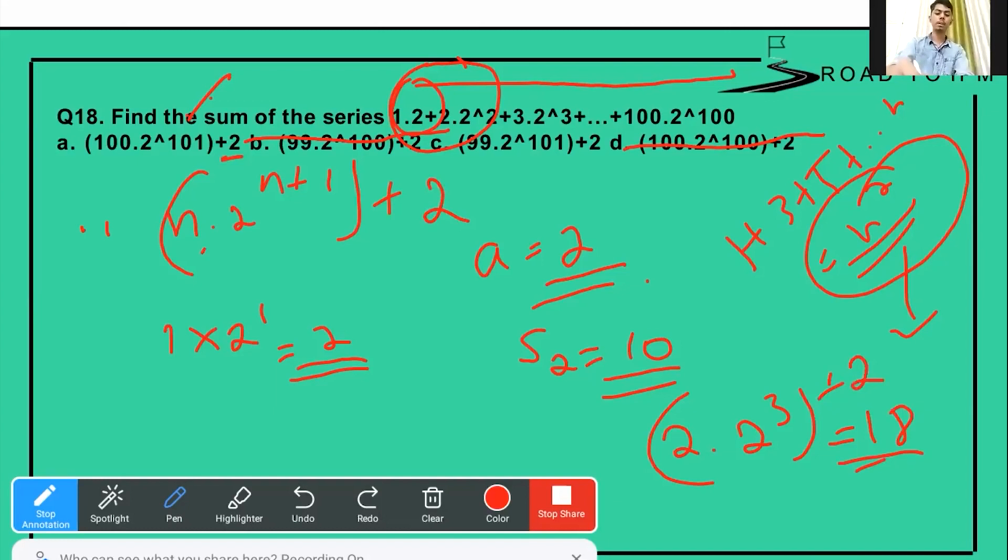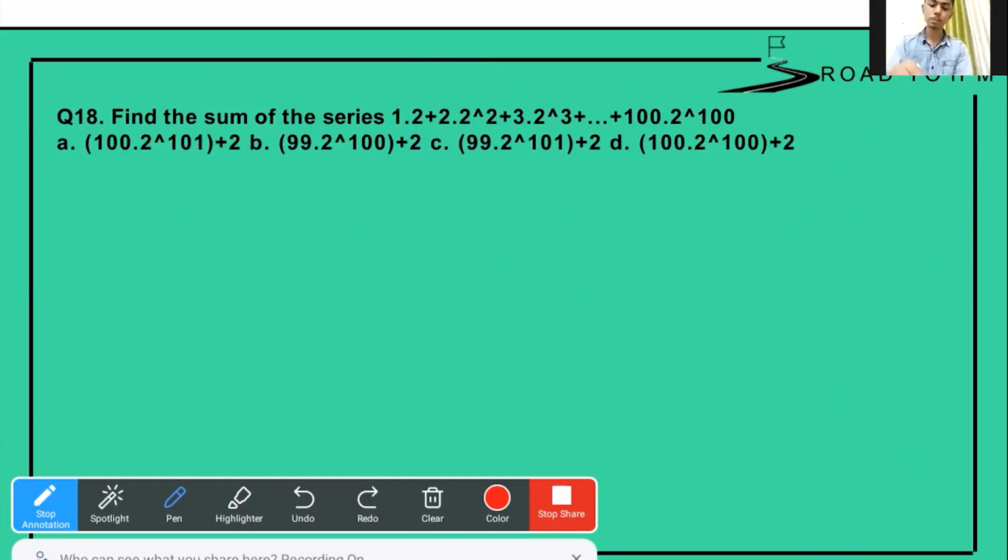Now, what if I take option C? Option C can be expressed as n minus 1 multiplied by 2 to the power n plus 1, plus 2, right? We know that S2 is equal to 2 plus 8, which is 10. Let's see if it works over here.